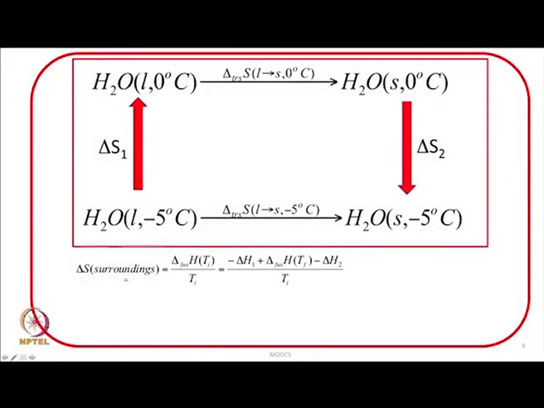And that is what is mentioned here, that delta S of the surroundings can be calculated if I know the total enthalpy change for this process, which we are trying to get through these steps 1, 2, 3. For the first process it is minus delta H1, minus because we are talking about the surroundings, and this will be the actual freezing enthalpy, which corresponds to liquid to solid.